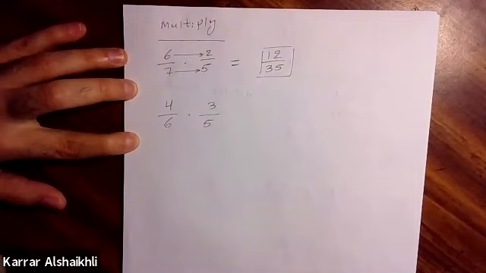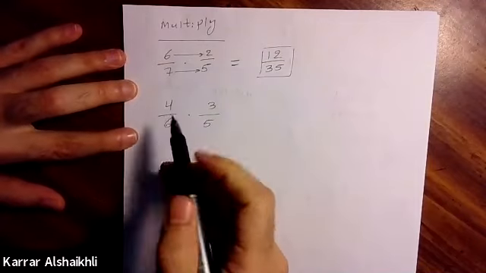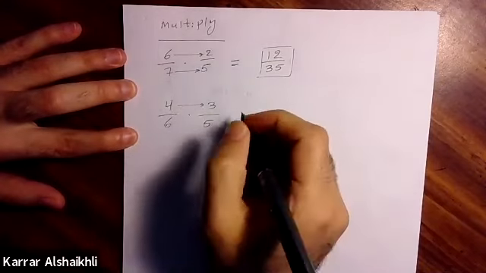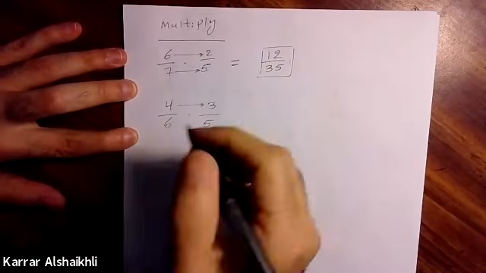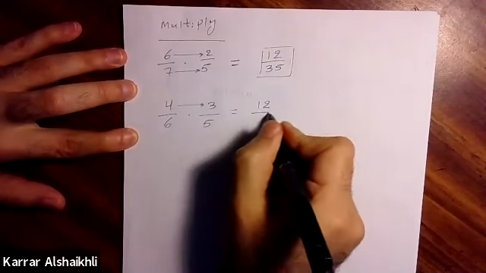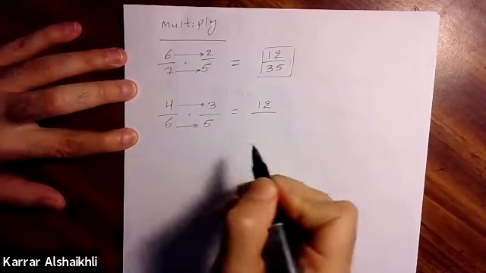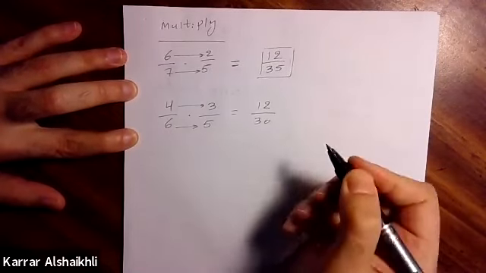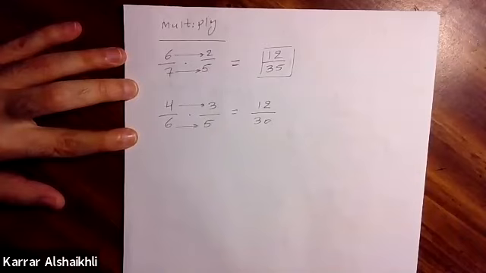Again, always check if you can simplify. We're going to multiply two fractions. 4 times 3 is going to be 12. 6 times 5 is going to be 30. Can I simplify it? Yes, you can simplify it.